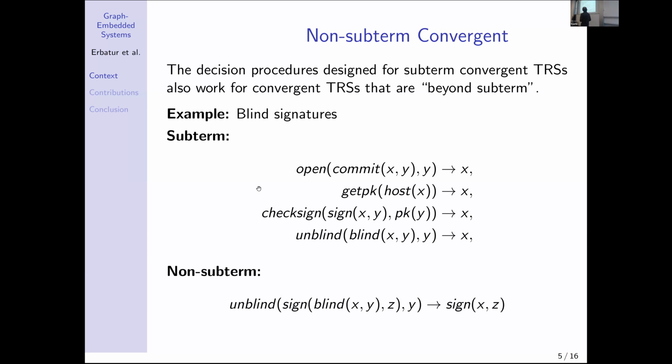If you see the first 4 rules, they are clearly subterm, due to the fact that the variables in the right-hand side occur necessarily on the left, because they are rewrite rules. But you have also this rule, which is not subterm, because in fact, sign(x, z) is not, strictly speaking, a subterm of the left-hand side. It's almost subterm, but it's not syntactically subterm.